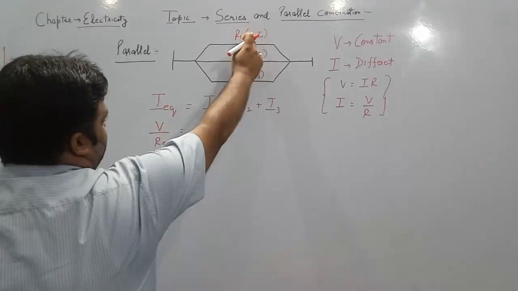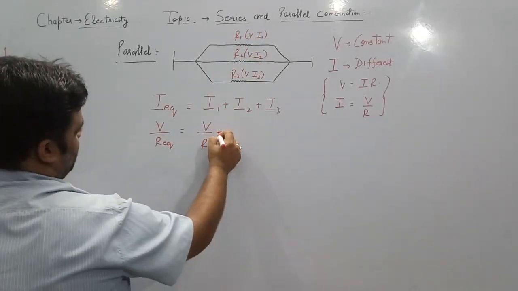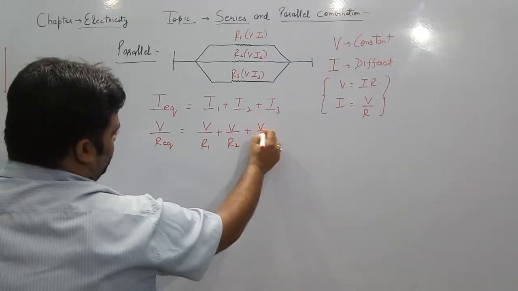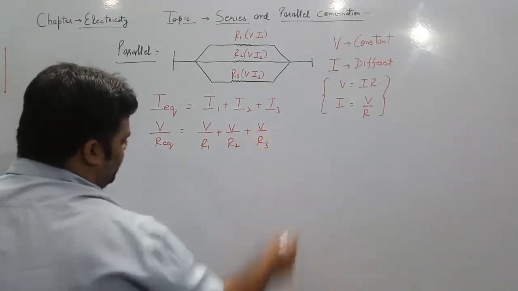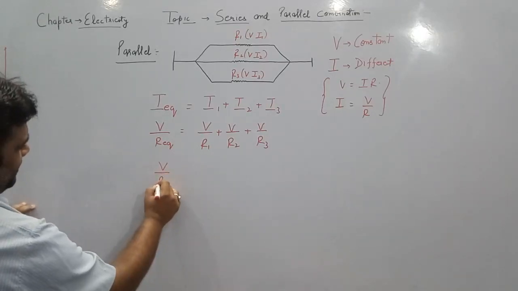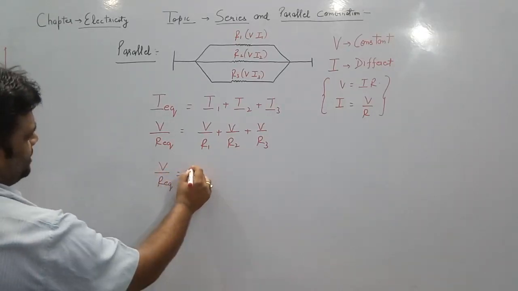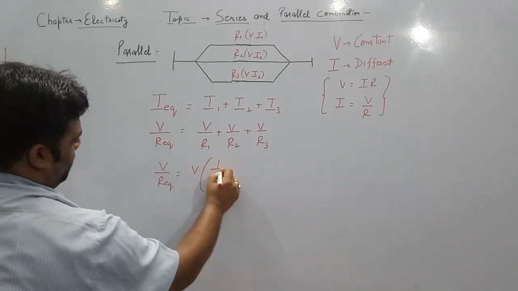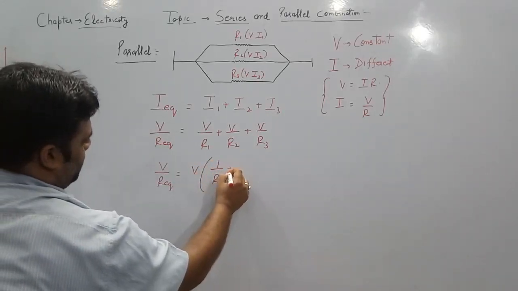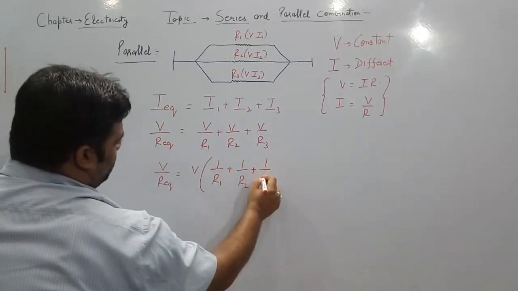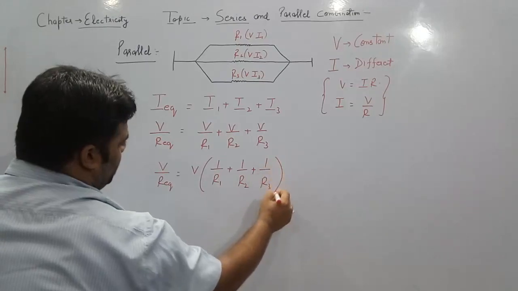Value for R is R1, potential difference is V. V upon R2 plus V upon R3. V upon R equivalent is equal to, potential difference is constant here, in bracket it will be 1 upon R1 plus 1 upon R2 plus 1 upon R3.